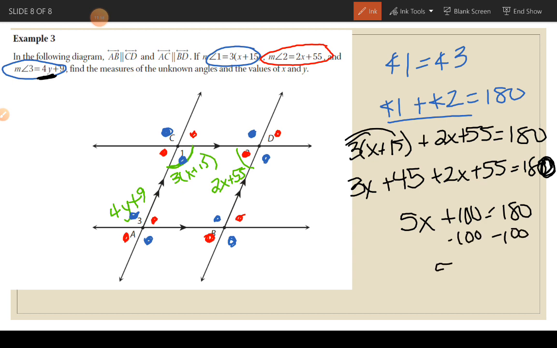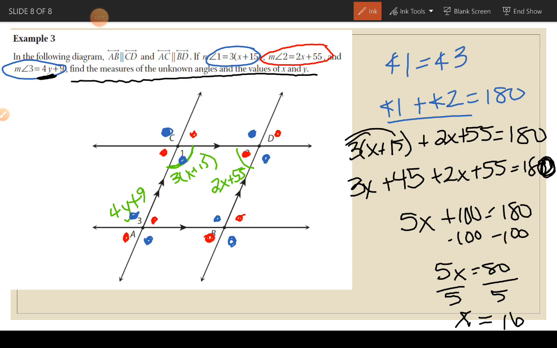Subtract 100. 5x is equal to 80. Divide by 5. And I get x is equal to 16. Now, if x is equal to 16, it wants us to find the measures of the unknown angles and the value of x and y.